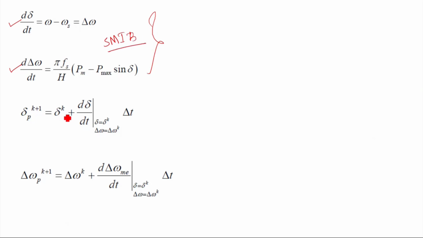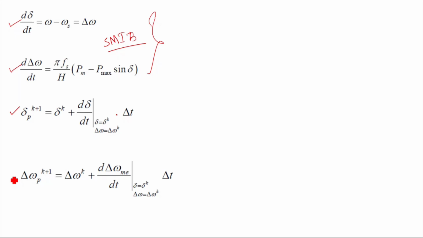Then for predictor step, I can write this equation. Delta pk plus 1 will be equal to delta k plus d delta by dt, evaluated at delta equal to delta k, delta omega equal to delta omega k, multiplied by delta t.